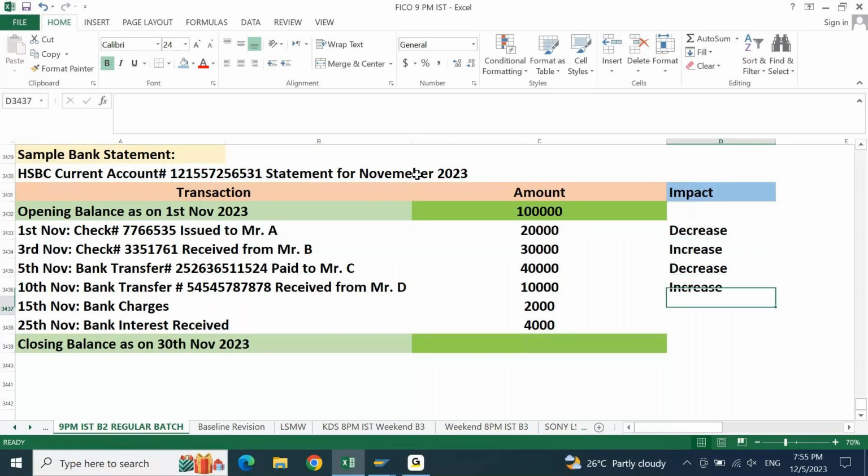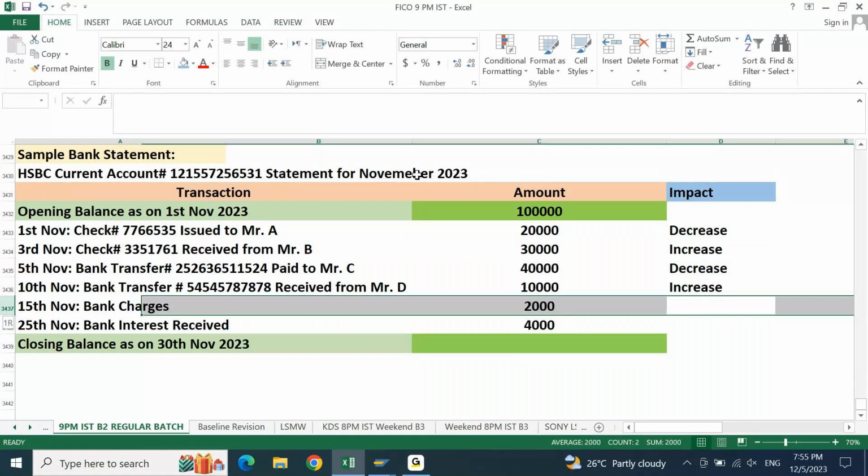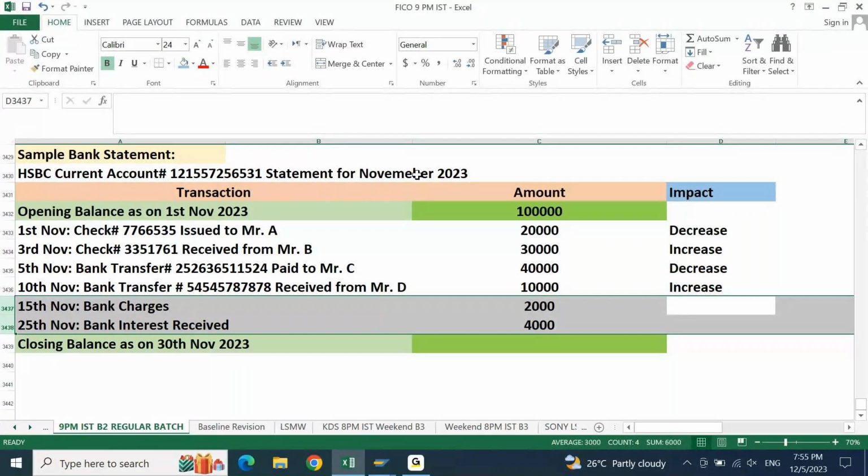And after that, there is a transaction called bank charges. There is another transaction called bank interest received. These two transactions are treated in a little different way because whenever you incur any bank charges, you will not come to know unless and until you see the bank statement. Only when you look at the bank statement, you will come to know what bank charges you had incurred during the month.